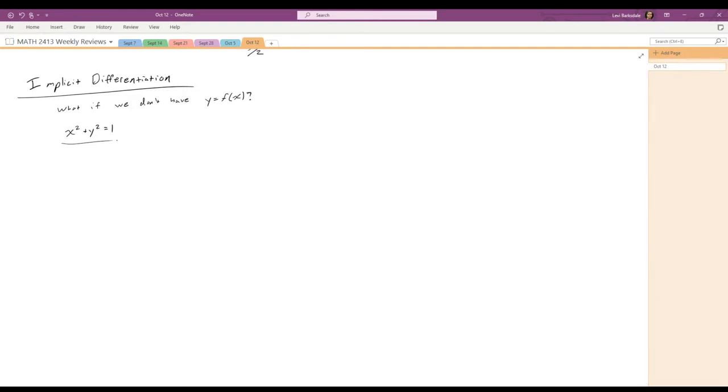So implicit differentiation, how it works, you take the derivative as you would using all your normal derivative rules, except your derivative of x, as usual, is just 1, but then your derivative of y is dy over dx. So what do I mean by this? Let's take the x squared plus y squared equation.